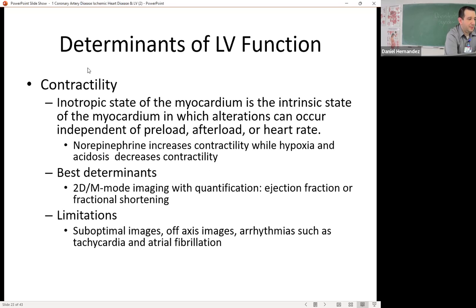When we're talking specifically about contractility, our main measures are going to be ejection fraction and fractional shortening. That's how we quantify a patient's contractility. Limitations in determining contractility would be suboptimal images, off-axis images, and arrhythmias.